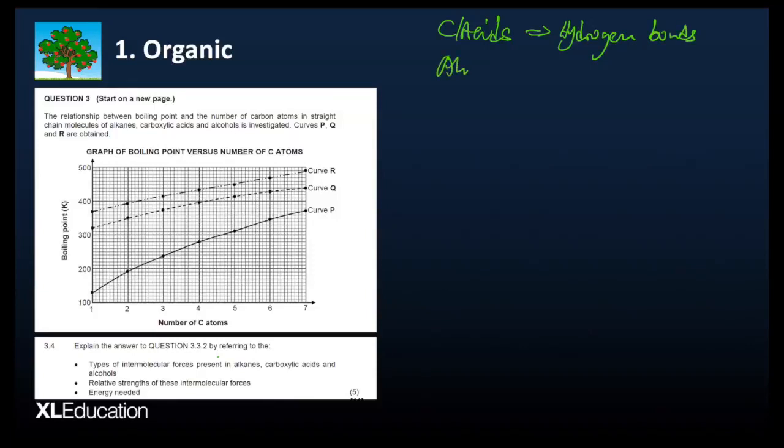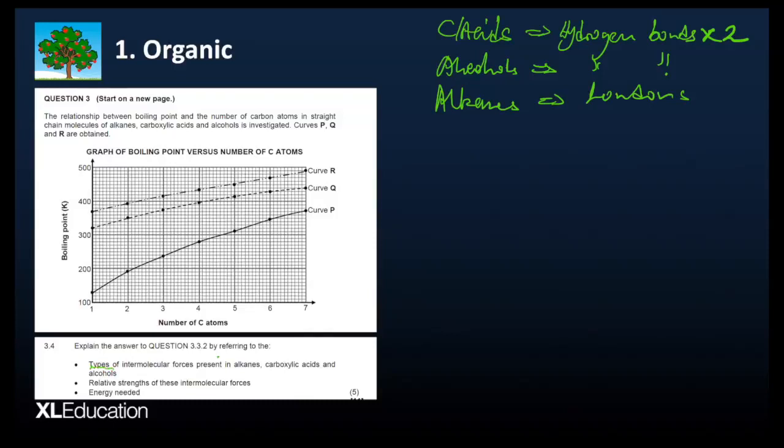Then also in alcohols, we should know that they are hydrogen bonds as well, and in alkanes we have London forces. But these carboxylic acids form two sides of bonding. So the hydrogen bond that is there is much stronger than the hydrogen bond that you find in alcohols. Right. Let's now answer the question.